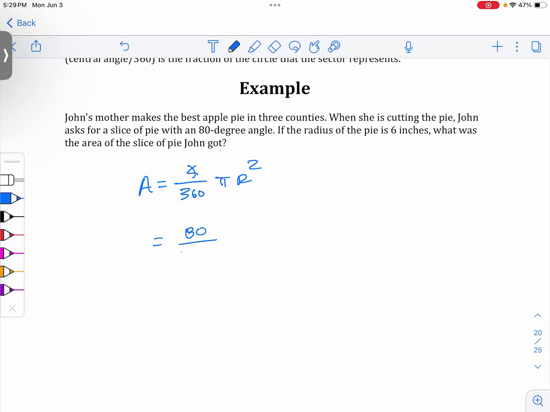So if we have an 80-degree angle out of 360 degrees times pi times the radius of the pie, 6 inches, then it's just a matter of calculating away, which gets us 25.13 inches squared.